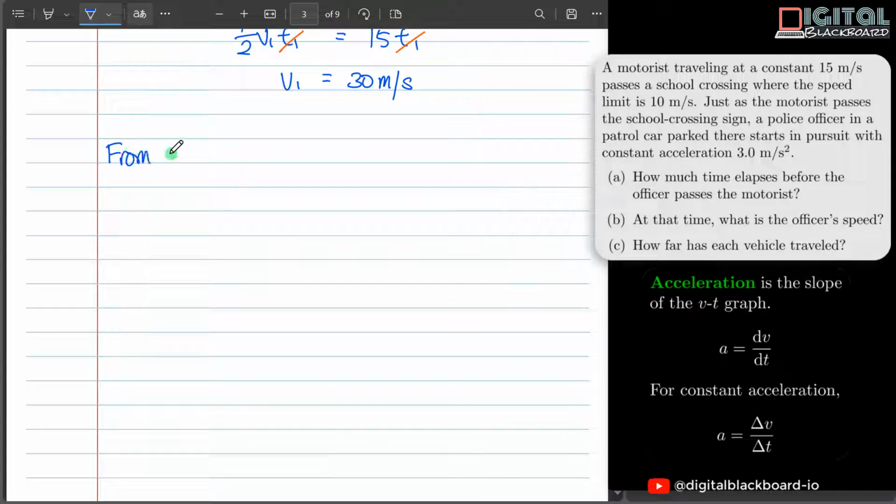From a equals delta v over delta t, for the police, 3 meters per second squared is delta v over delta t. This means that delta v is equal to 3 delta t. So delta v here is v1 minus 0.